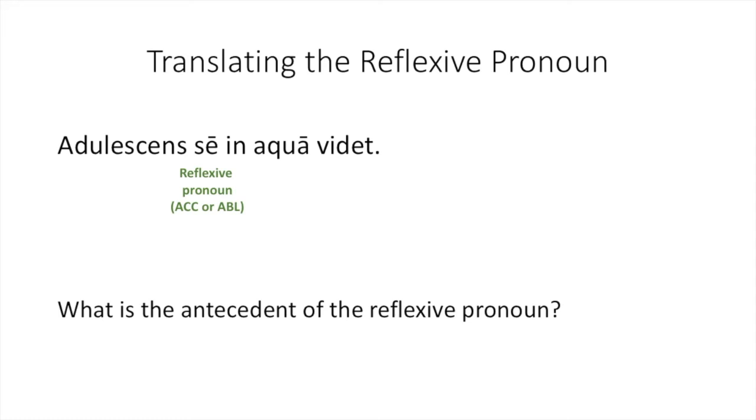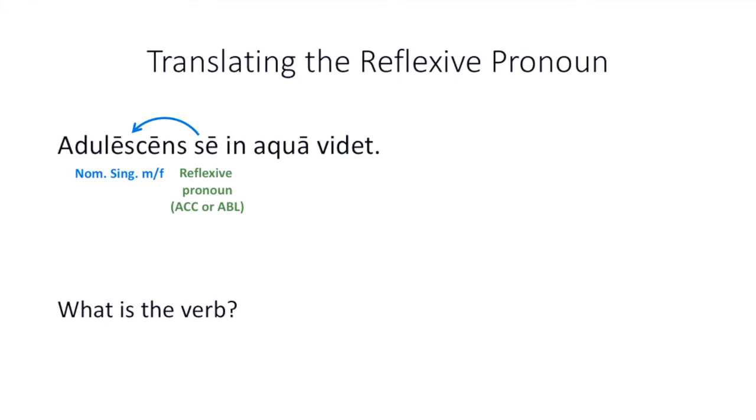And since it's reflexive, it has to be in the sentence. So find it, and then we'll talk about it. You're right if you said it is adolescens, because adolescens is our nominative word, and it happens to be singular, and it could be masculine or feminine based on your sentence.